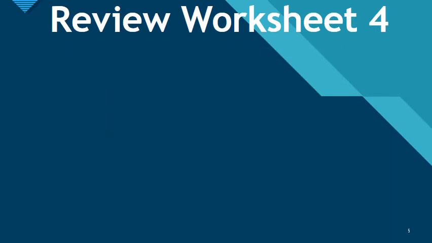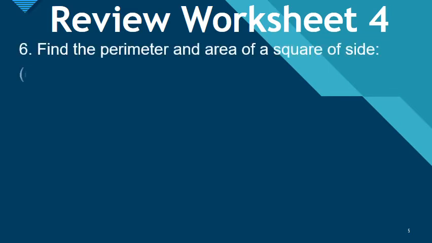Now children, let's come to the other part of question number 6. This is part E of question number 6. Here we have to find out the perimeter and area of a square of side equal to 26 meter.